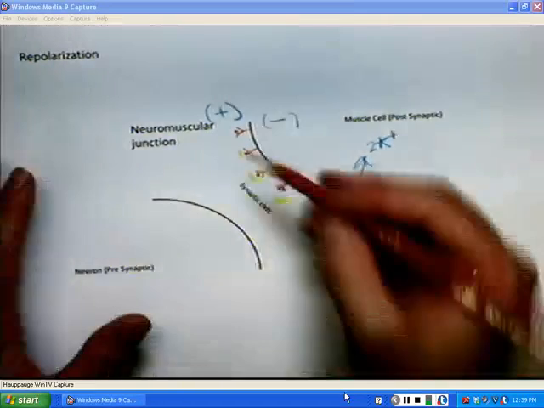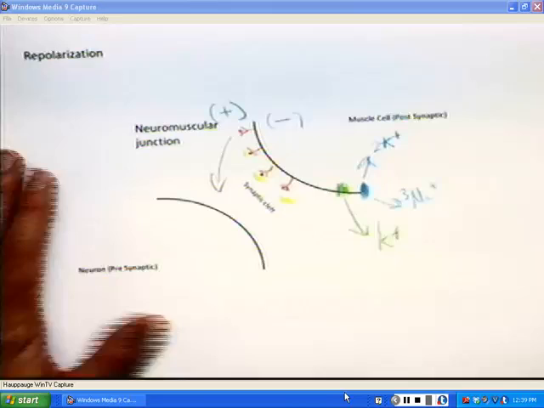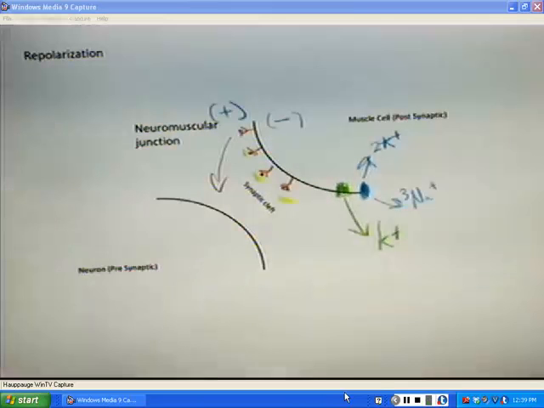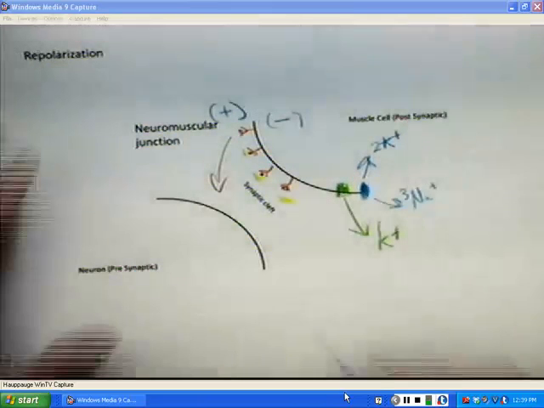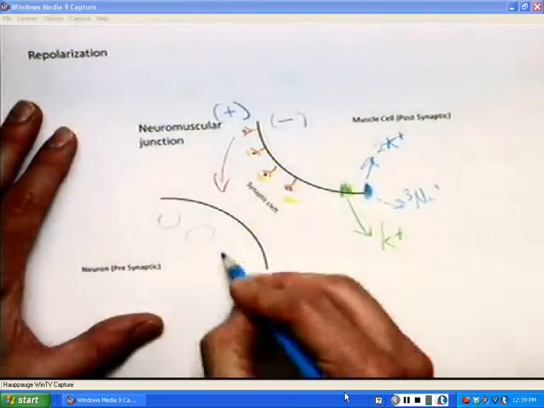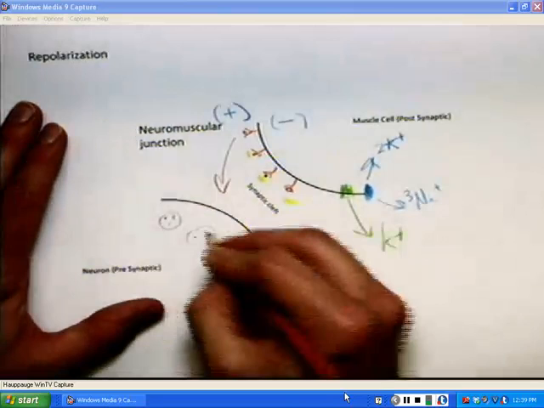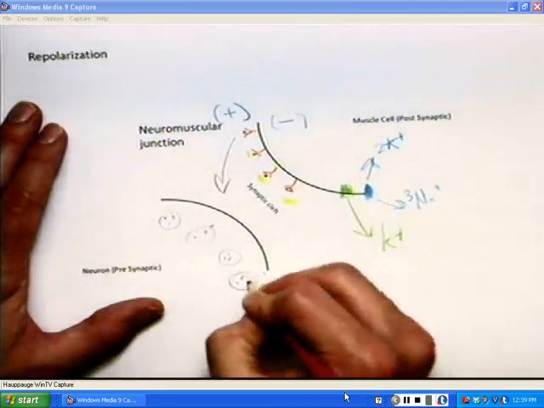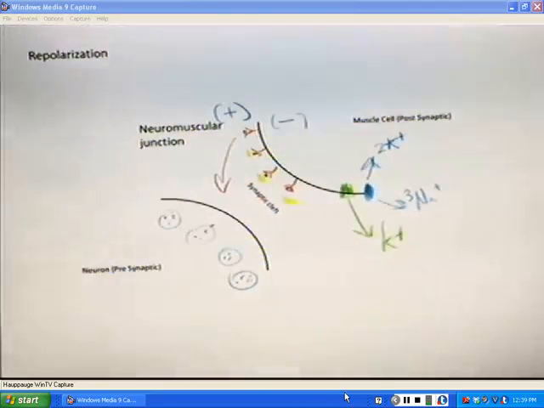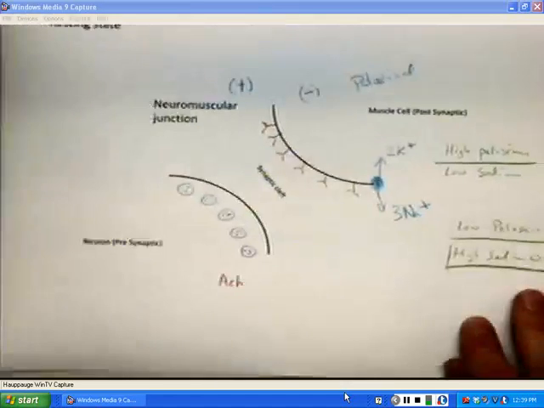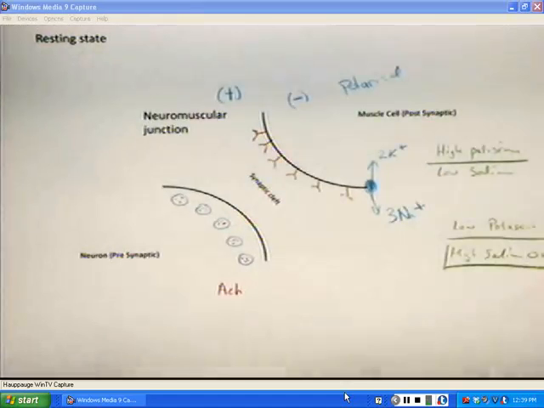It will then break it down, either recycling it or sending acetylcholine back to the terminal neuron. And by the end of this, the neuron will get its acetylcholine back, reset, and be essentially back to where we began at its resting state, ready to go for another contraction cycle.